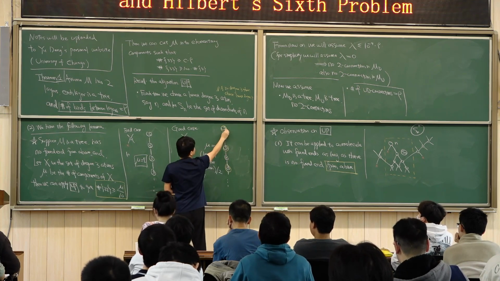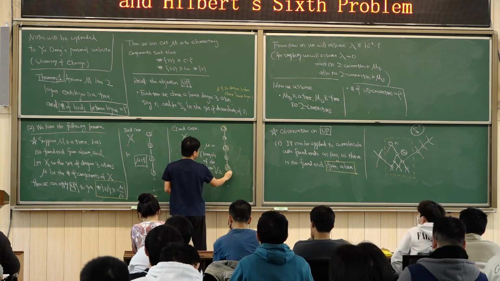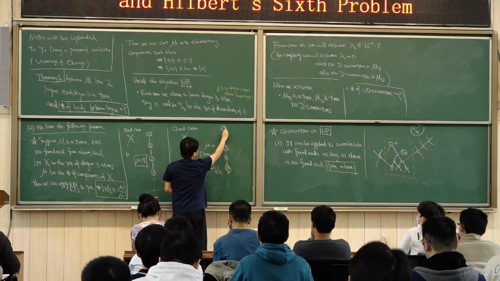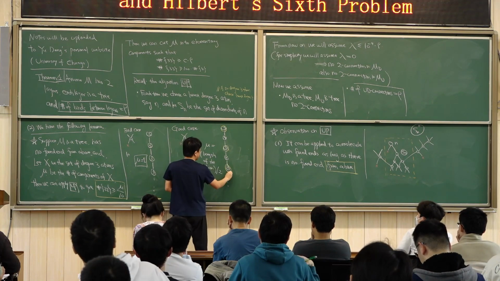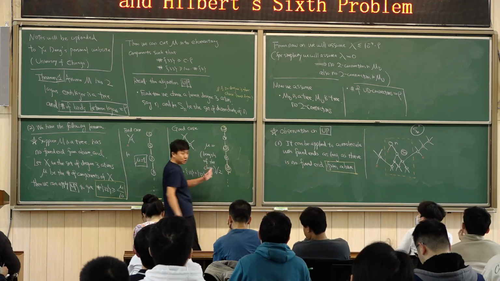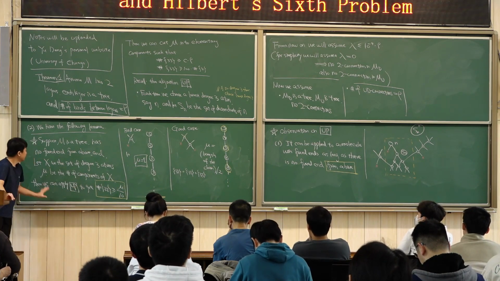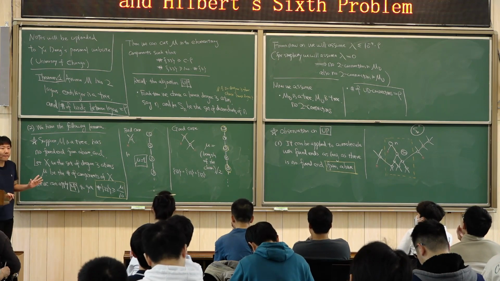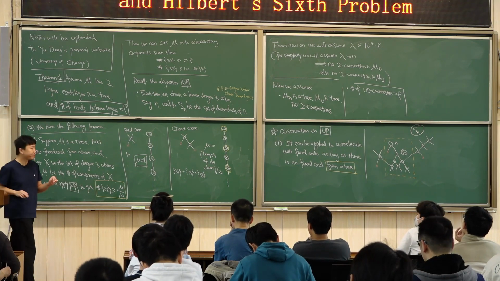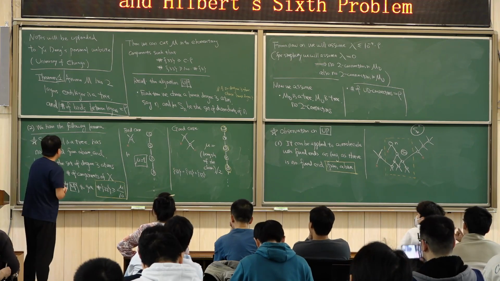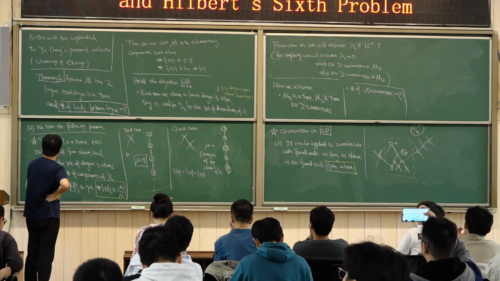So in this case, each degree 3 is a separate component by itself, if you consider the subgraph X formed by the degree 3 atoms. Okay, any questions? Okay, so this is the second key lemma.